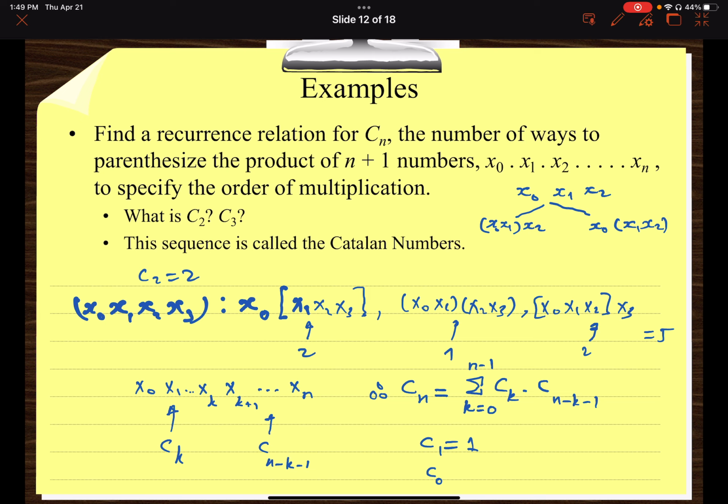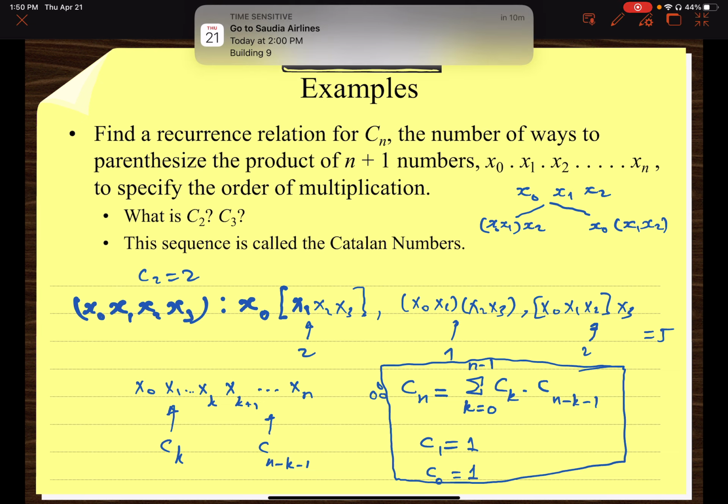These Cn, by the way, are called the Catalan numbers, and this is the recurrence relation used to find how many ways to parenthesize.